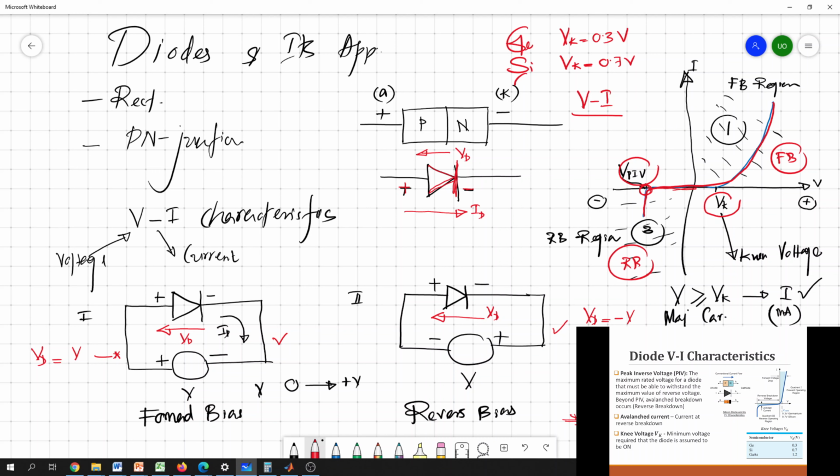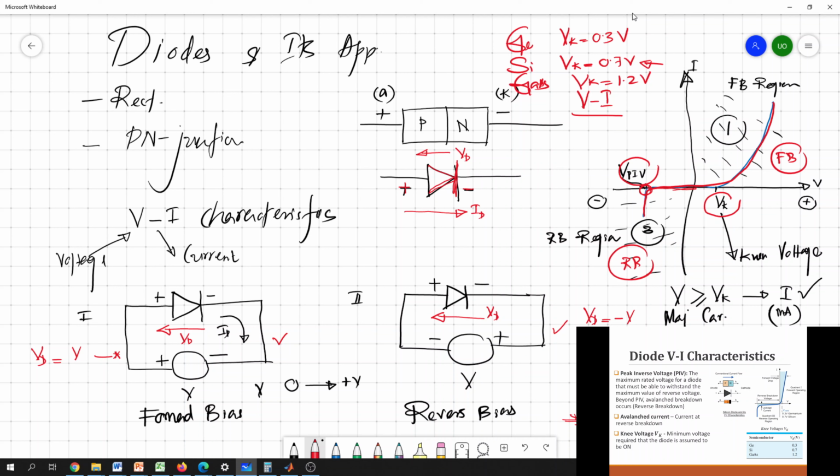For diodes made from gallium arsenide, Vk would be around 1.2. These are known factors, and most of the time we use silicon diodes, so the knee voltage is 0.7. Depending on the diode, they have come up with different values of peak inverse voltage.